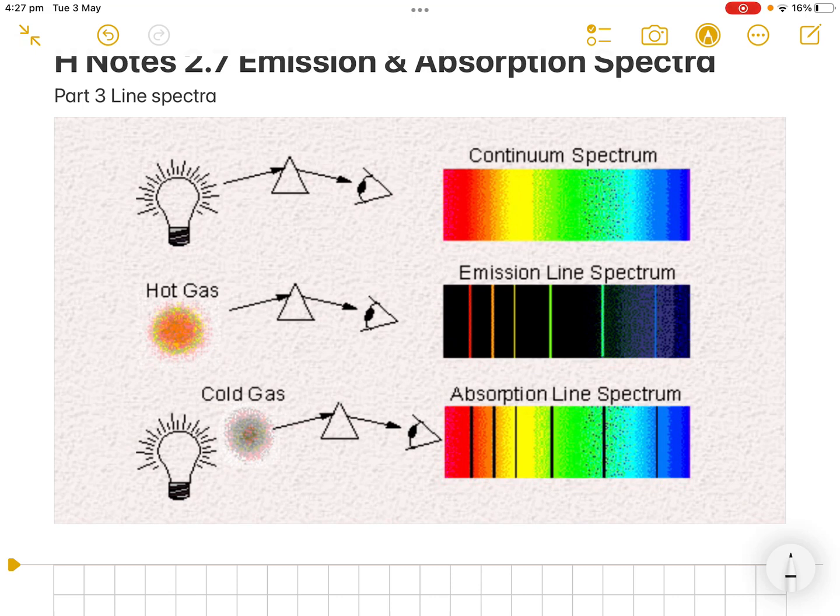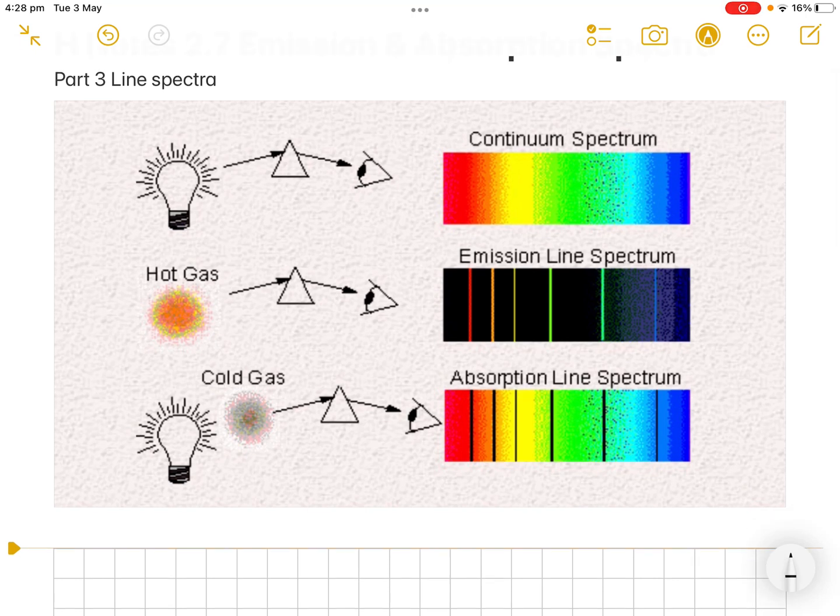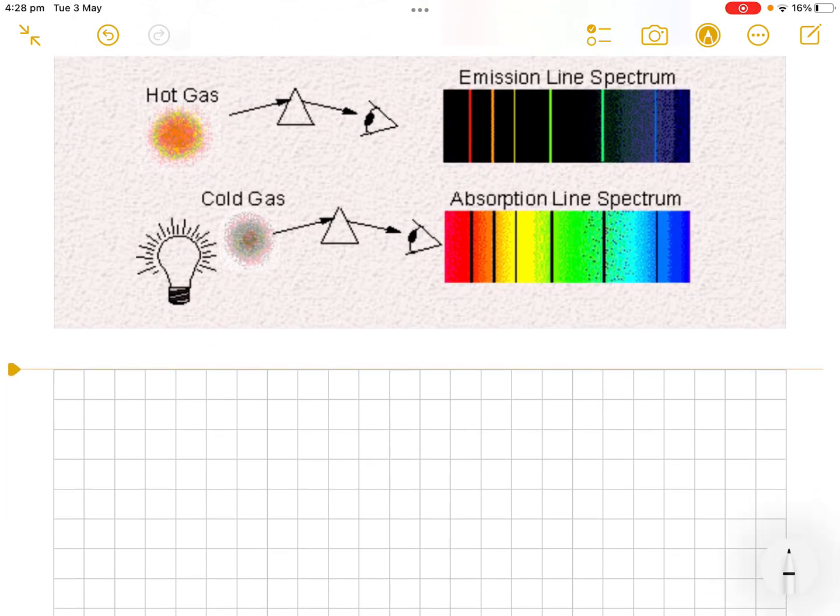Certain colours have been removed, and this happens because the gas, when cold, will absorb particular frequencies of photon, that's particular colours of photon, at exactly the same frequencies or wavelengths that it previously emitted at when it was hot. So you can see that the line emission spectrum and the line absorption spectrum are like negatives of each other. If you were to imagine sliding that emission spectrum downwards, it would fill in the gaps in the absorption spectrum.